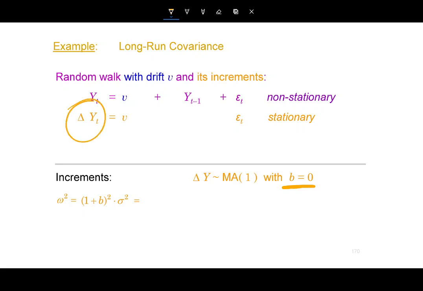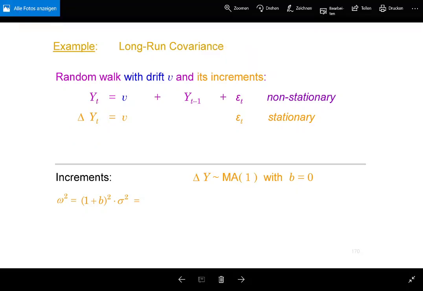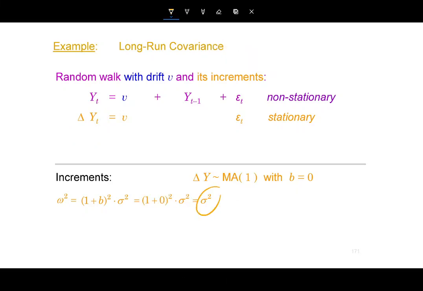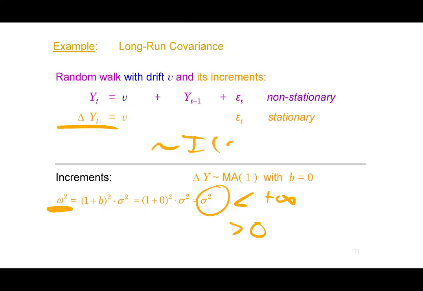If you simply put 0 in there, you'll find that the long-run variance is equal to sigma squared. So the long-run variance of the process is equal to the variance of the noise. And since this is finite, by definition, and greater than 0, then the increments are going to be integrated of order 0.